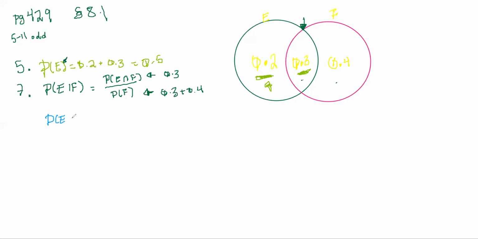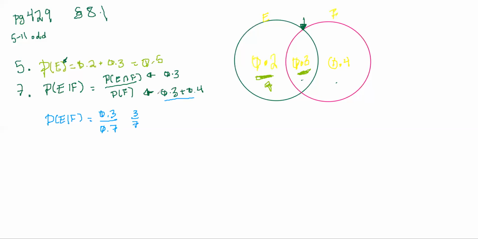Okay. So the way this is going to work is that we're going to have the probability of E given F equal to 0.3 over 0.7, which is this chunk here, which we can simplify down to just 3 over 7. And I believe, hang on, let me pull a calculator out. Okay.